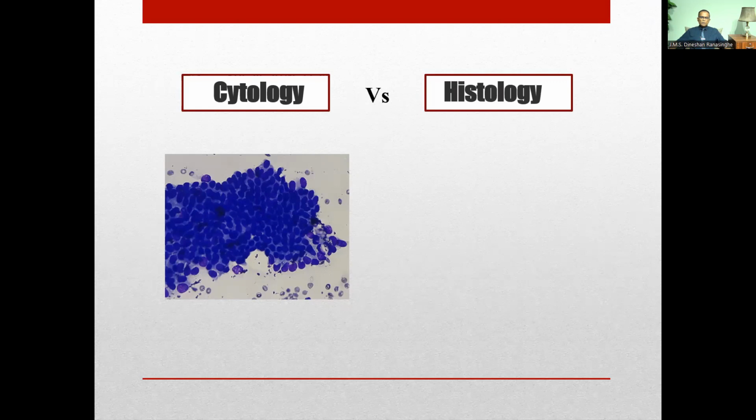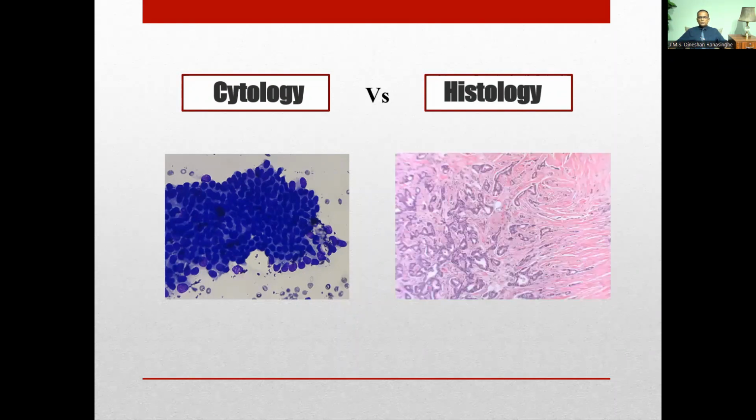So cytology is a little bit too basic, let me say. But when it comes to histology, we can see a lot of things. We can see how these cell clusters are arranged in the form of a tumor or some lesion, and how the background things, the other components of the tissue, are reacting towards this. So the first picture shows you the cytology of breast cancer, and this is the histology of the breast cancer.